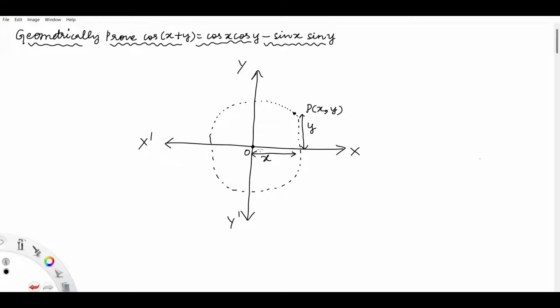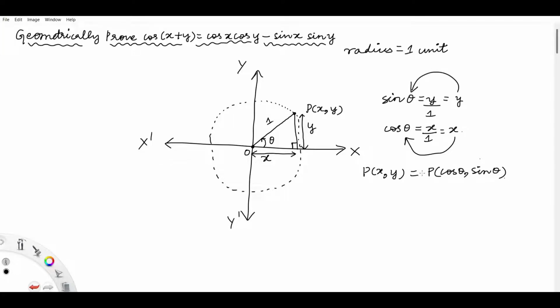Next, cos theta is adjacent by hypotenuse, that is x by 1 is equal to x. So in place of x, I can put cos theta, and in place of y, I can put sin theta. So this point itself, P of x comma y, can be written as cos theta comma sin theta if the radius of the circle is 1 unit.